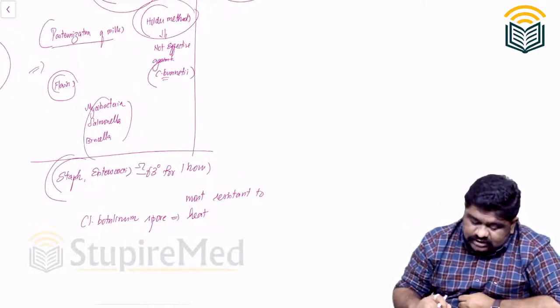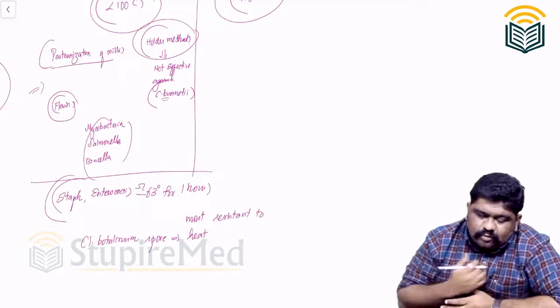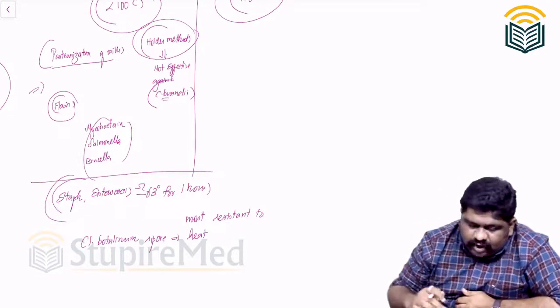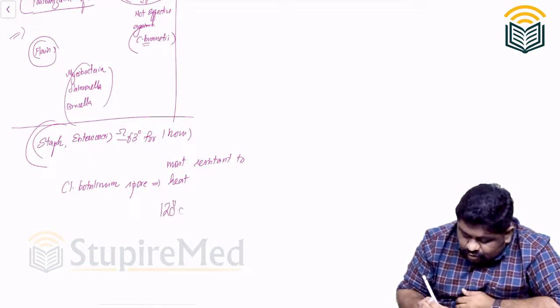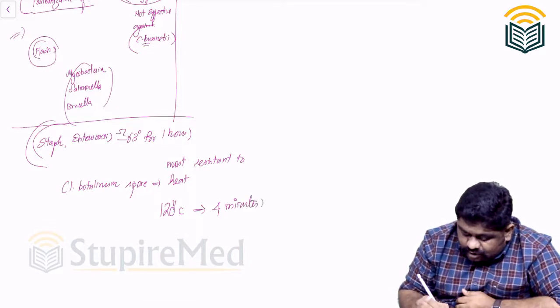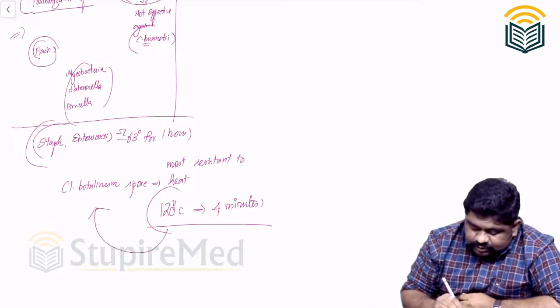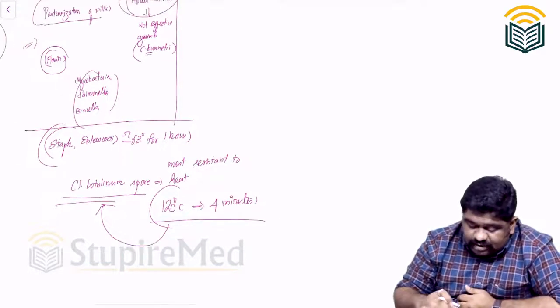So these are the organisms that you have to know before you go for your exams. What are the things that you know about Clostridium botulinum? If you want to destroy Clostridium botulinum, you have to maintain a temperature of 120 degrees Celsius for more than 4 minutes. If this temperature and time have been reached, then the Clostridium spore itself has been destroyed, and there is a guarantee that other organisms can also be killed.